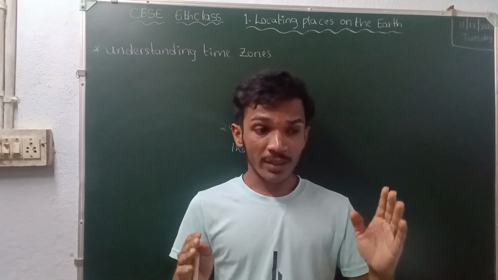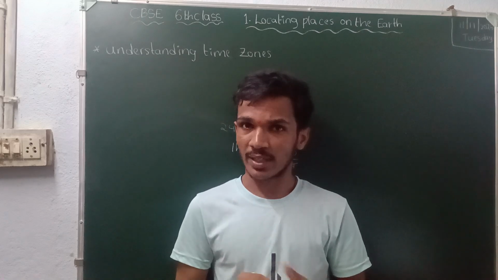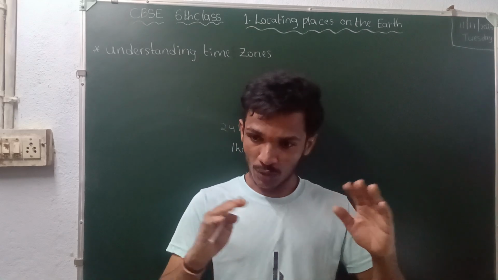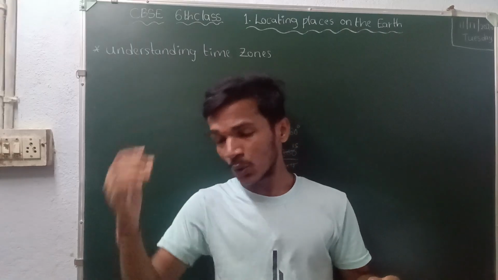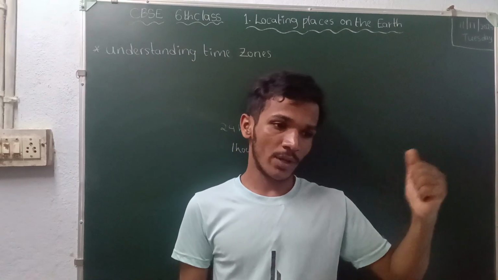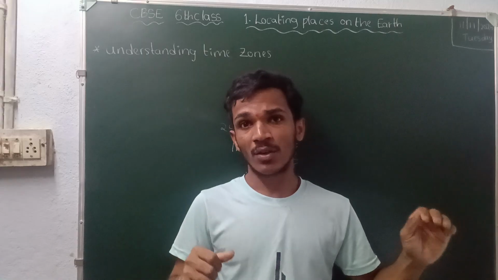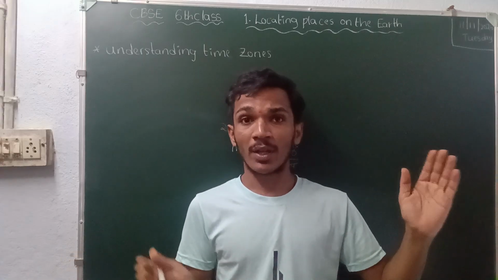So there will be a problem in future, because through our India two longitudes pass, one in the east and one in the west, with 30 degrees difference between them.